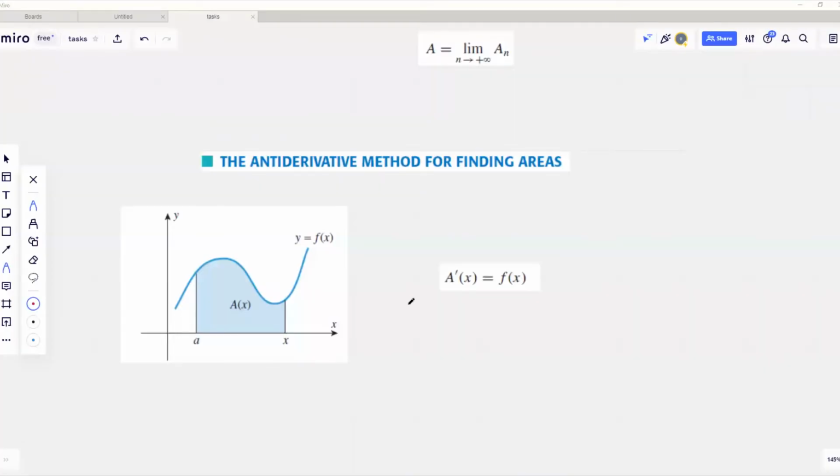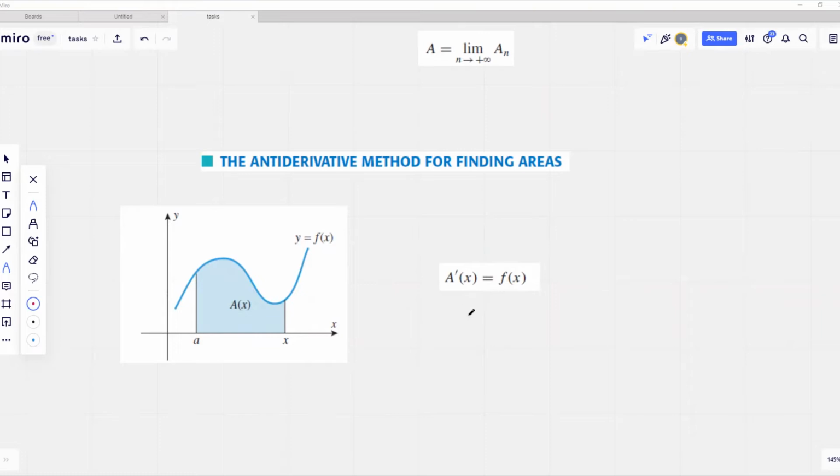Newton and Leibniz separately derived the following interesting property. They found that if function A(x) here denotes the area under our curve f(x), starting from point a and running up to some arbitrary point x, then if you take the derivative of this function A(x), it is equal to the function that defines this curve, f(x).